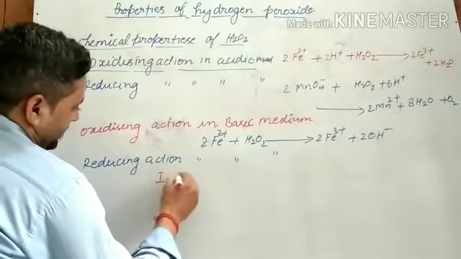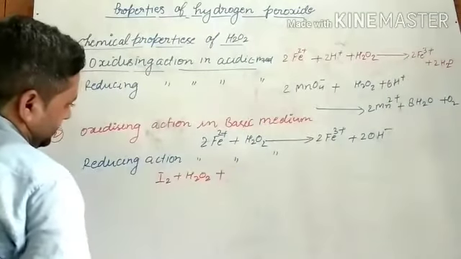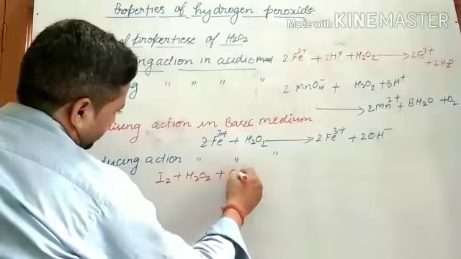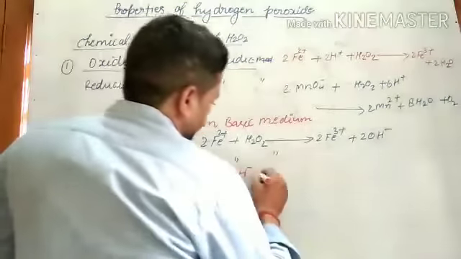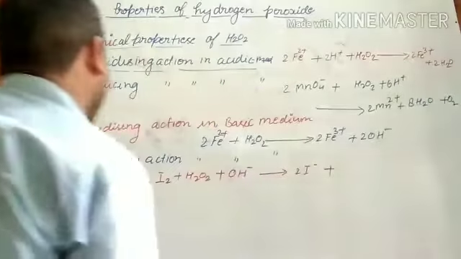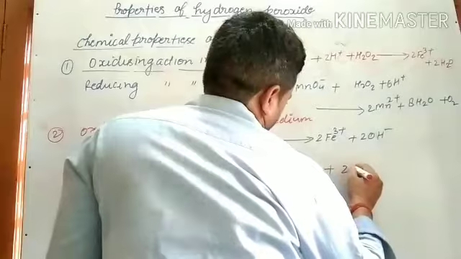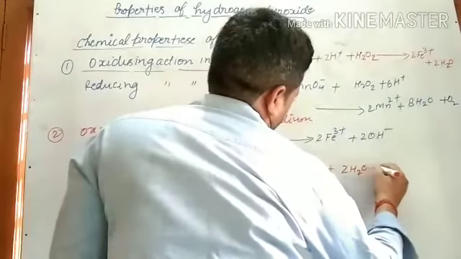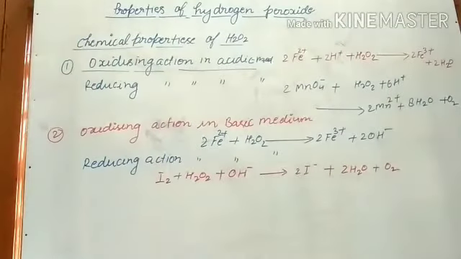I2 plus H2O2 plus OH- gives I- plus H2O plus O2.